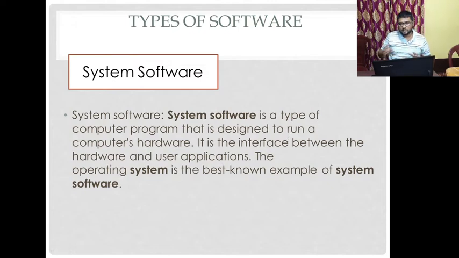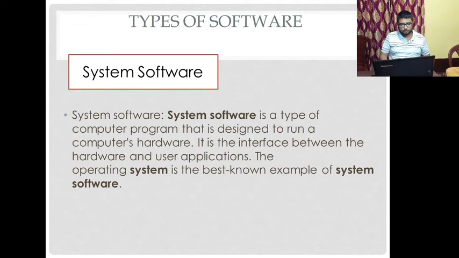If I press something on the keyboard, whatever key I press should be displayed on the monitor. All these things are interpreted by the system software, and then it tells the hardware, like here the monitor, what to print when someone presses a particular key on the keyboard. So these kinds of things act as a translator between the user, that is me, and the hardware, that is the part of the computer that is inside.